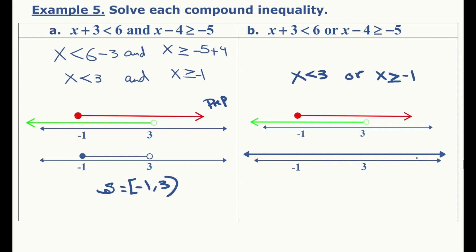We get the entire real number line. So the solution set, when it's a disjunction, for the same two inequalities is very different. The solution set becomes all real numbers, like so. So be very careful about the difference between and or. As we said, it's very significant and you must pay attention to it.